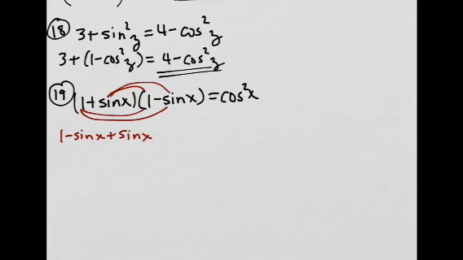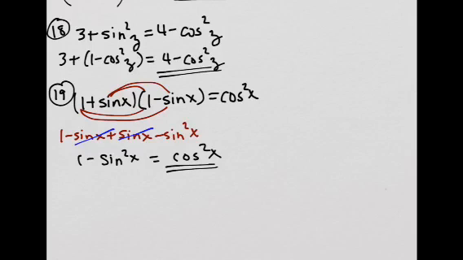And then sine times negative sine is negative sine squared x. Okay, combine like terms. So sine x minus sine x is 0. And so I'm left with 1 minus sine squared x. And 1 minus sine squared x is cosine squared x. And that's what you needed to get.